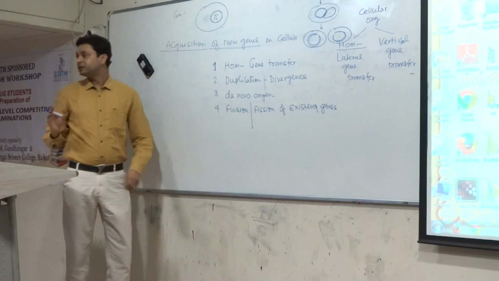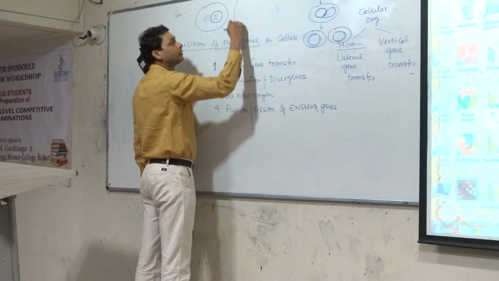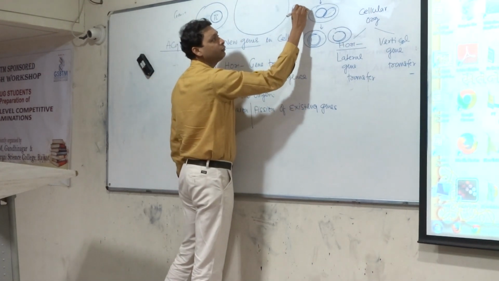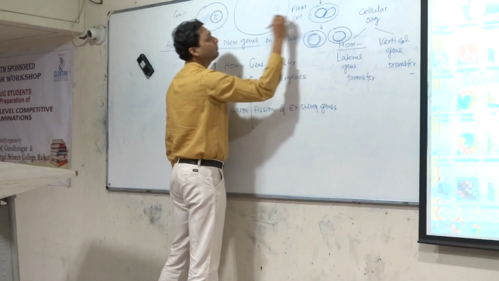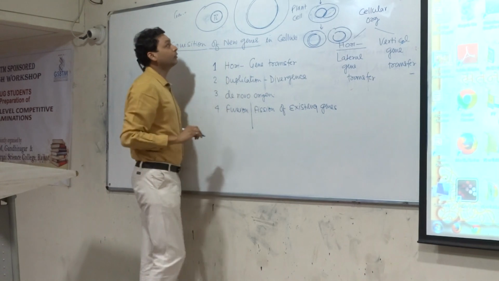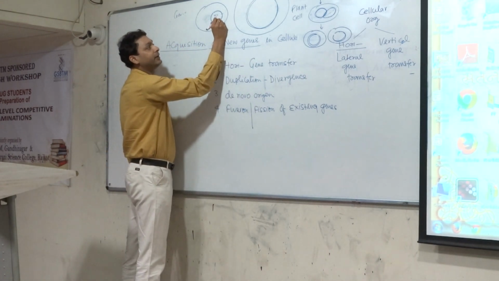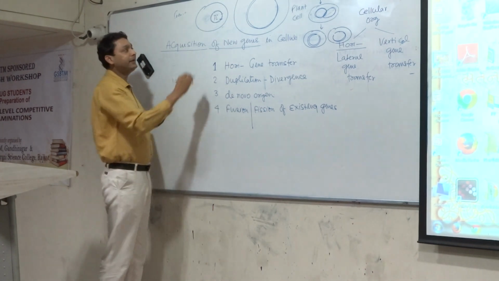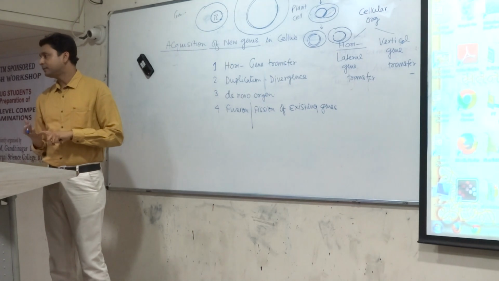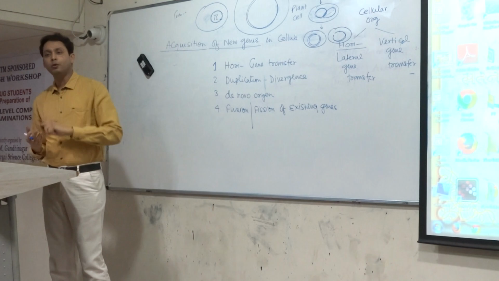This is the eukaryotic cell, the plant cell, and in the plant cell the genetic material is present within the nucleus. This Ti plasmid contains the T-DNA, and the T-DNA contains genes responsible for the formation of auxin, cytokinin, and opines.